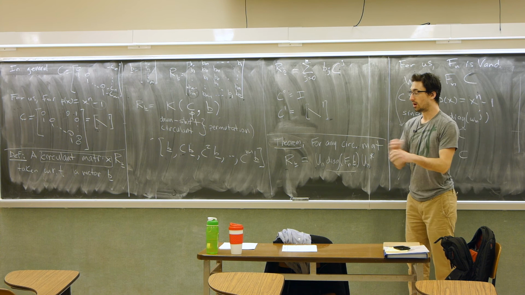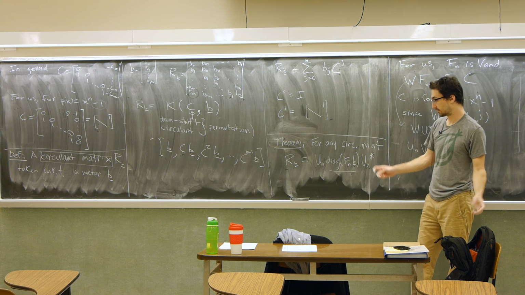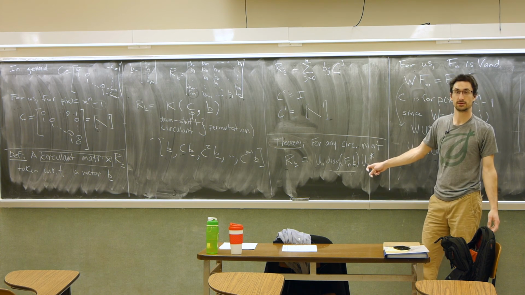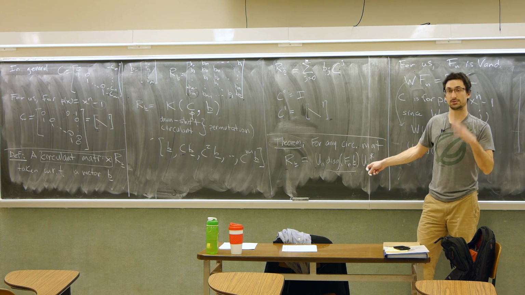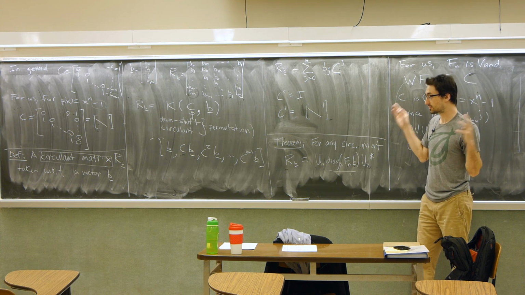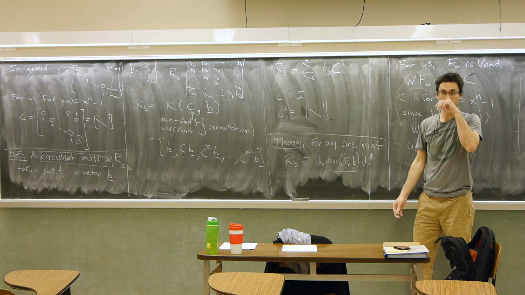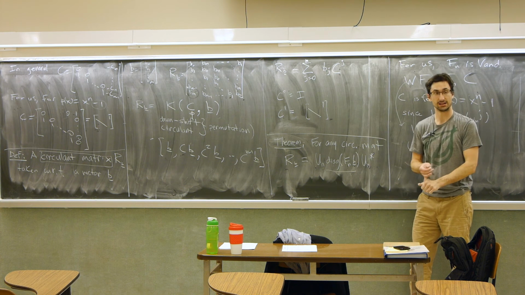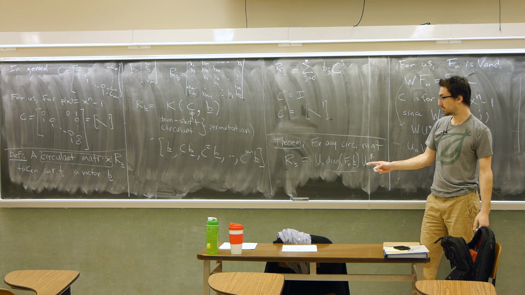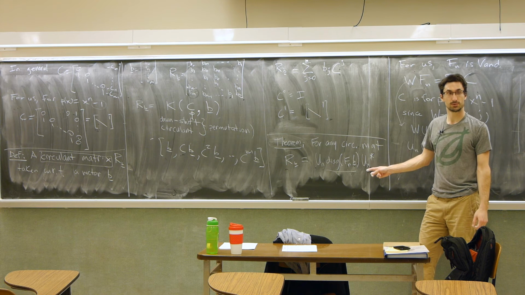Circulant matrices all have exactly the same eigenvectors. The Fourier matrix is exactly the eigenvectors for all circulant matrices. All circulant matrices are diagonalized by the exact same set of eigenvectors, which is pretty powerful.